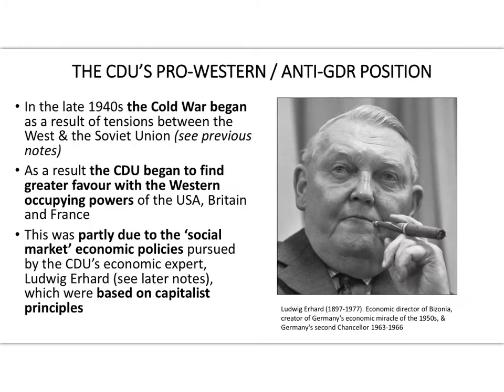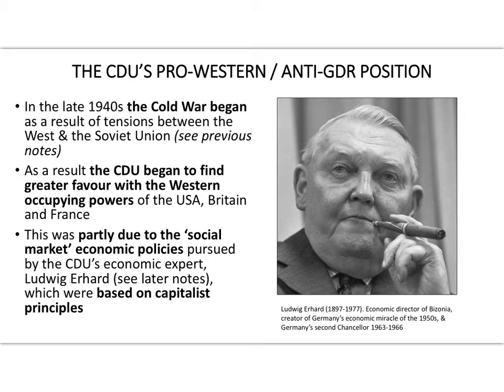This is the point we reached at the end of last lesson, so let's get into a little bit more detail. In the late 1940s, we've done the context, the Cold War began as a result of tensions between the West and the Soviet Union, very much sparked by the Berlin blockade crisis.